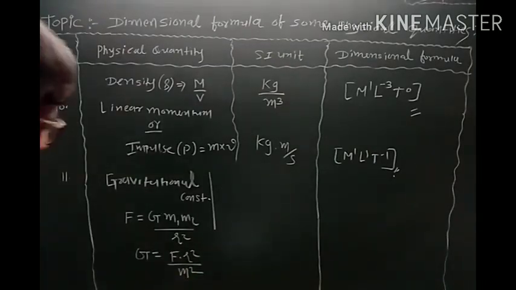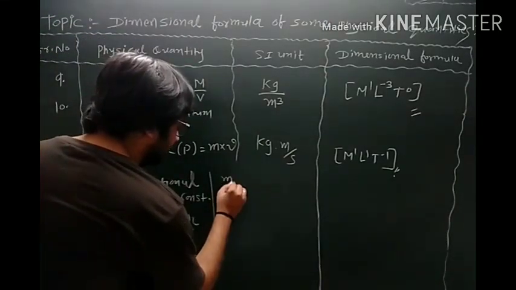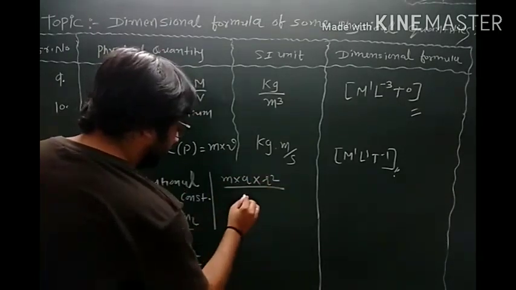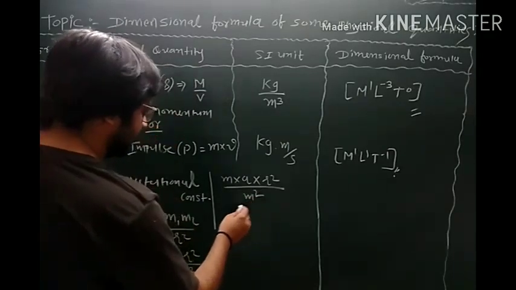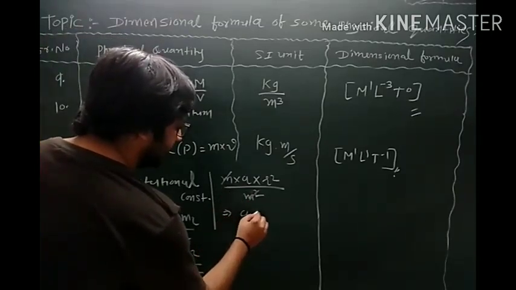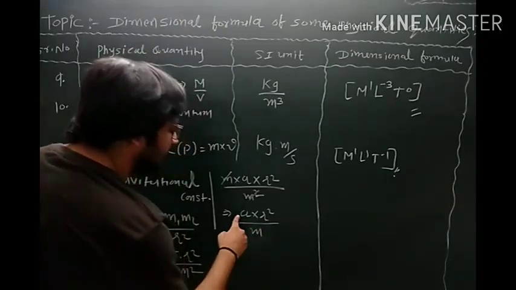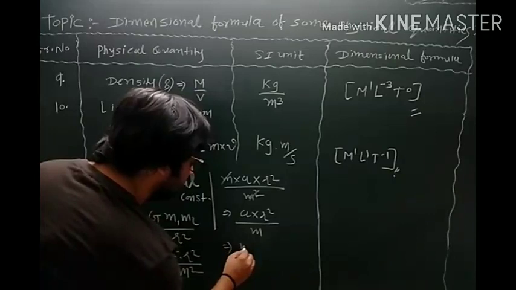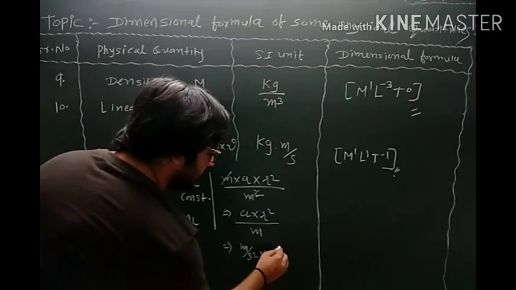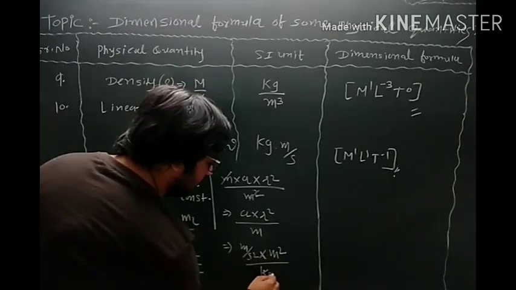Now here we can define different physical quantity units. F is nothing but mass into acceleration, and r is distance square upon m square. Here one m is cancelled. So we can write acceleration into distance square divided by m. The unit of acceleration is meter per second square, distance square is meter square, divided by mass, which is measured in kilogram.